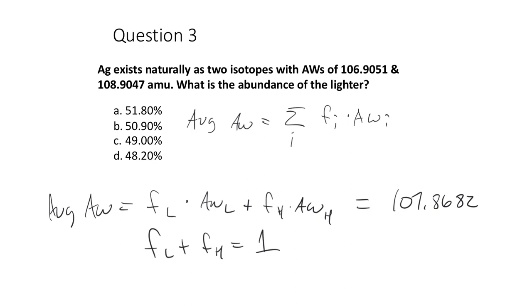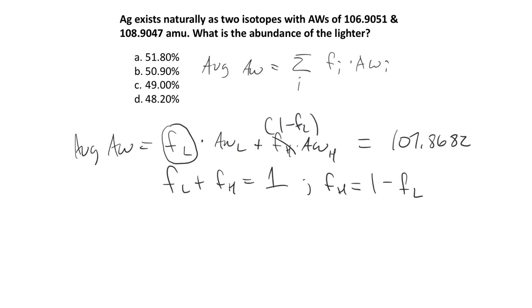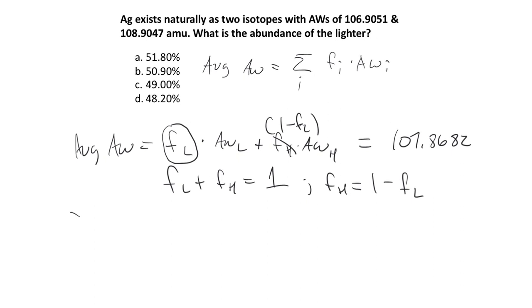Okay, so if what we want to find is the abundance of the lighter isotope, that's this value here, what we want to do is solve for the fraction of the heavier isotope, how it's equal to 1 minus the fraction of the lighter. So we can sub this in here. And then we can solve using algebra for the fraction of the lighter isotope. Now the only peculiar thing is this becomes a little bit of a long problem of algebra, where what we want to do is start filling in some of our data.